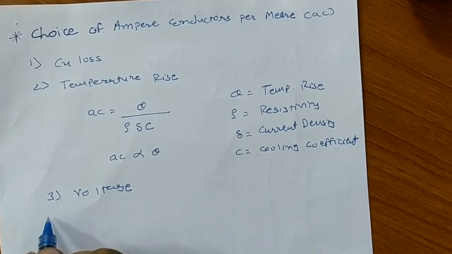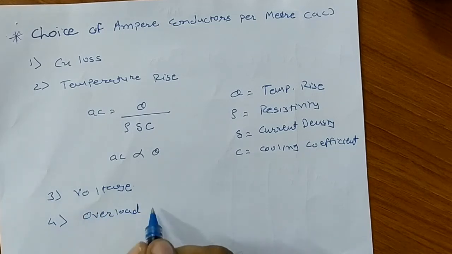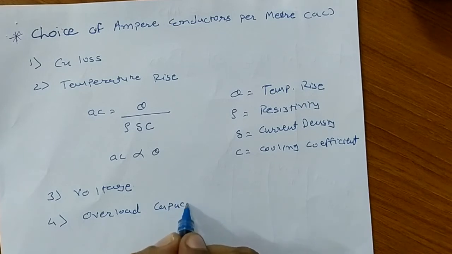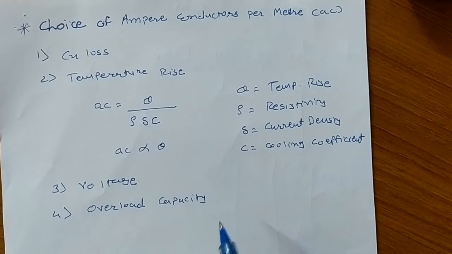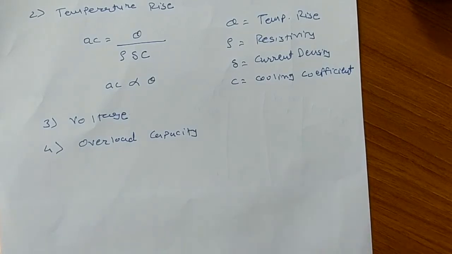The fourth point is overload capacity. Overload capacity is not a new term for you, we have seen it previously. It is the capability of a machine to handle power beyond its rating.